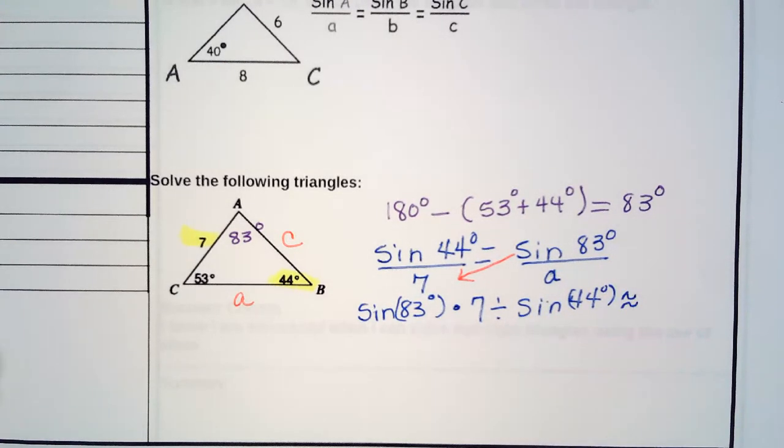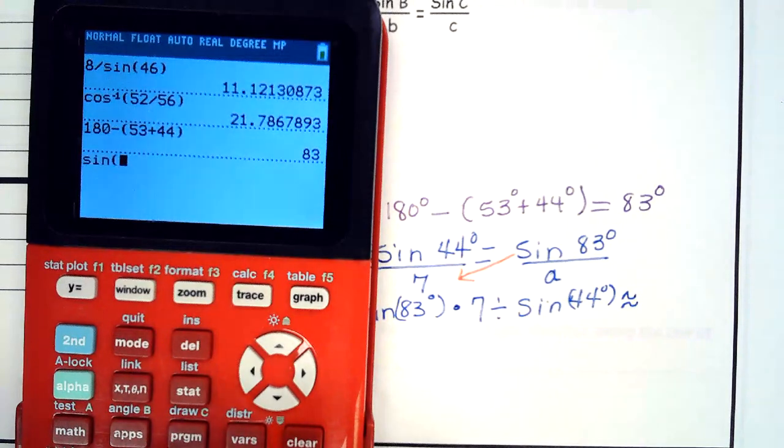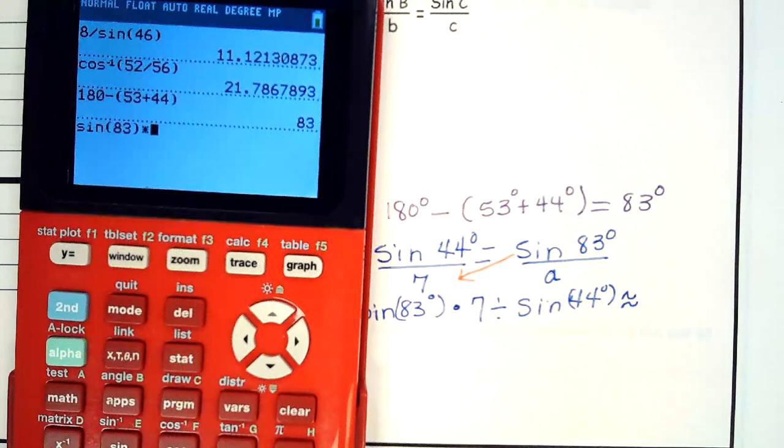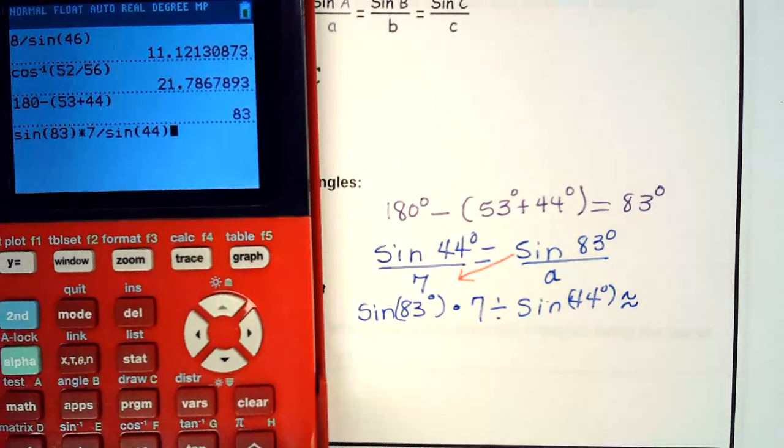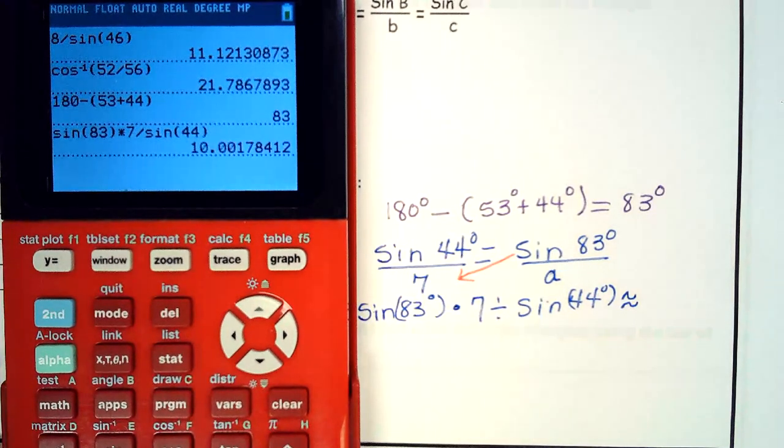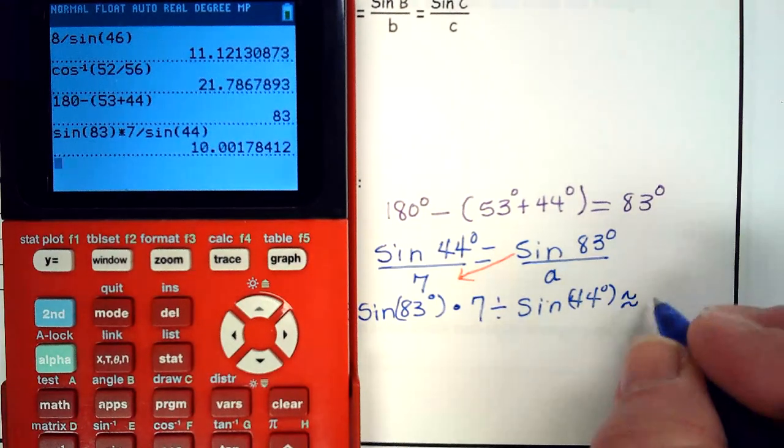Once again, this will be an approximation. So the sine of 83, close it off, times 7 divided by the sine of 44, close it off, about 10.